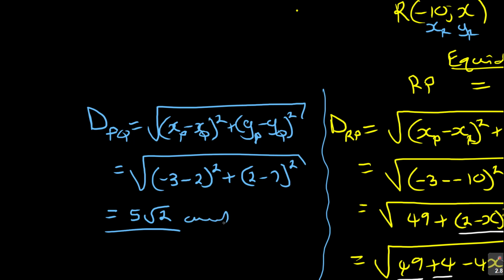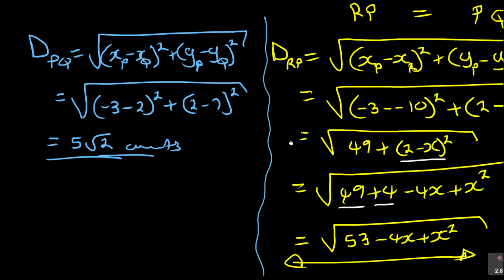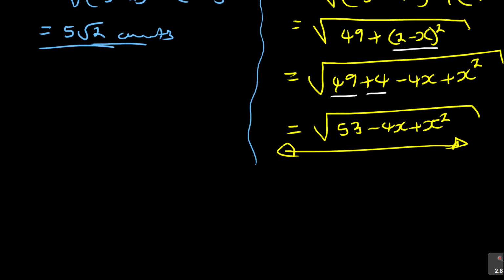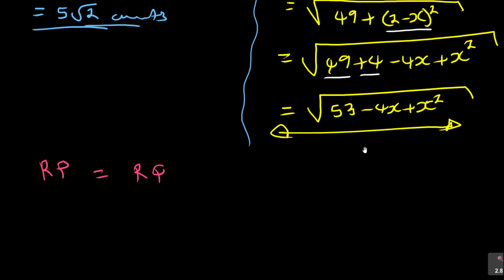So that's units. Alright, we got this, and then we come to the conclusion: rp is equal to rq. It says the distance of rp is equal to the distance of rq. I have the distance of rp, which is this.